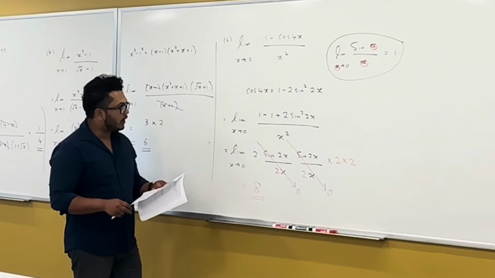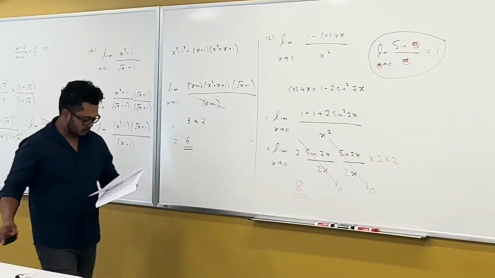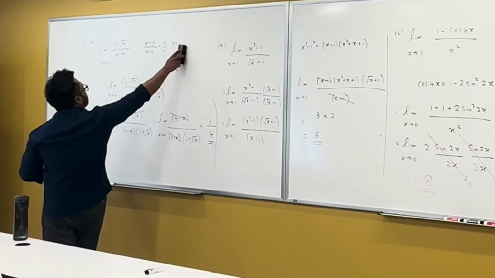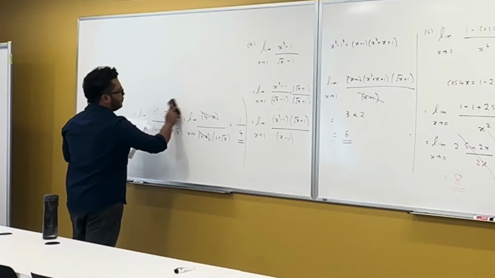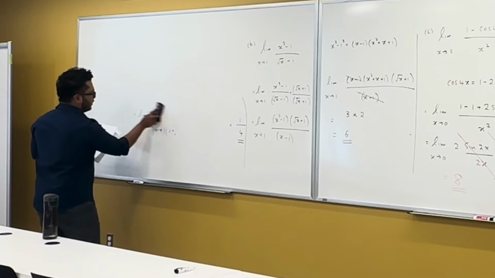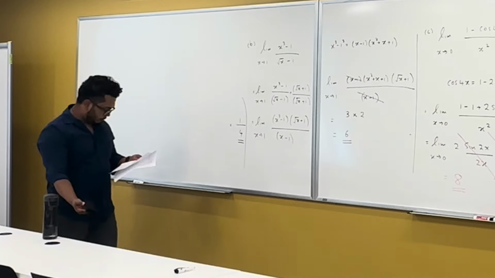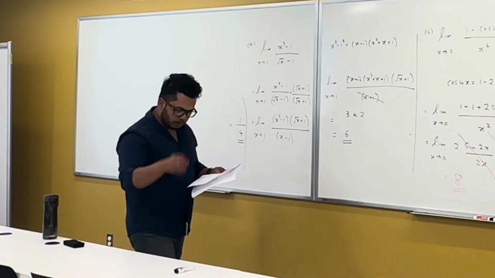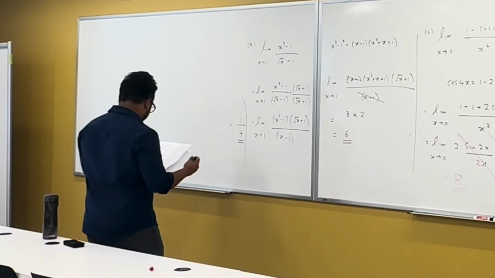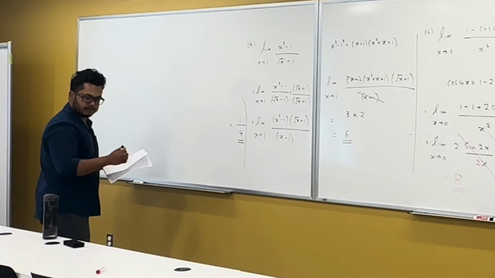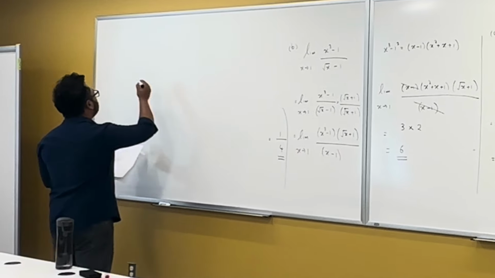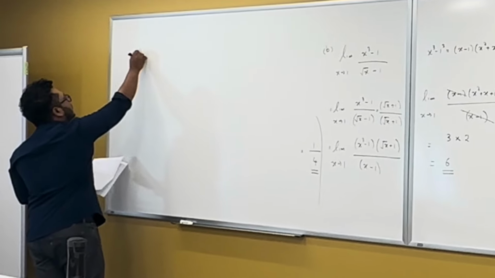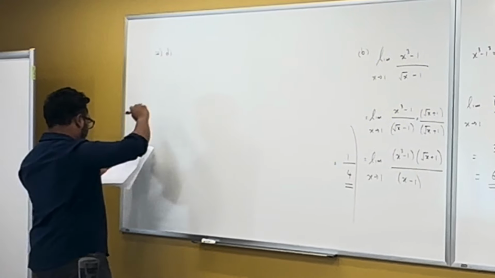So I'm gonna do the last part, 4th question in this limit part. So this one is probably the easiest one. This is question number 2 part D, last one.